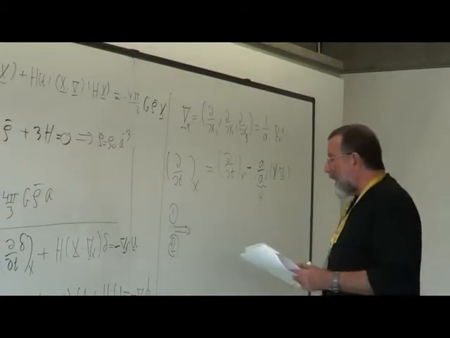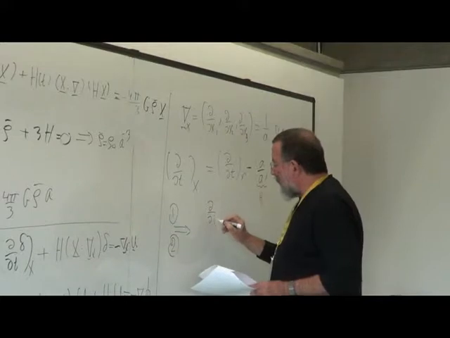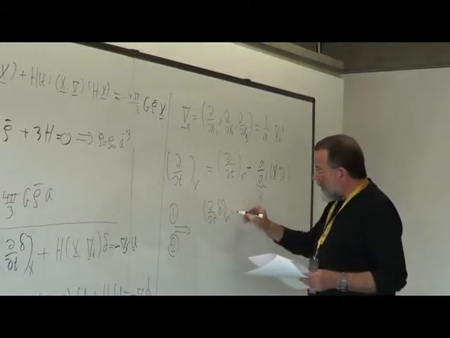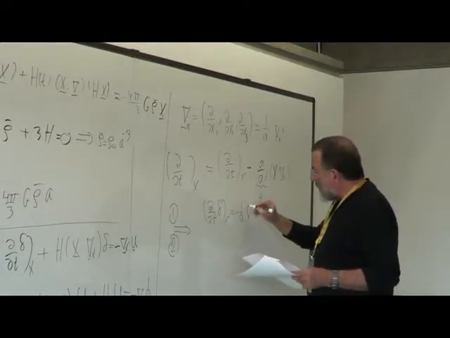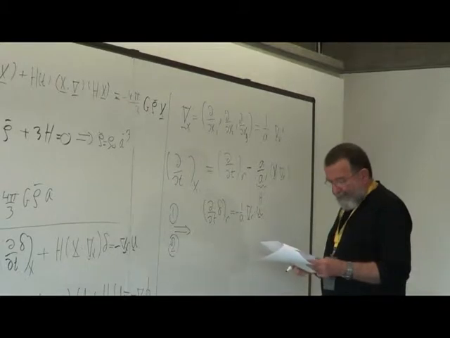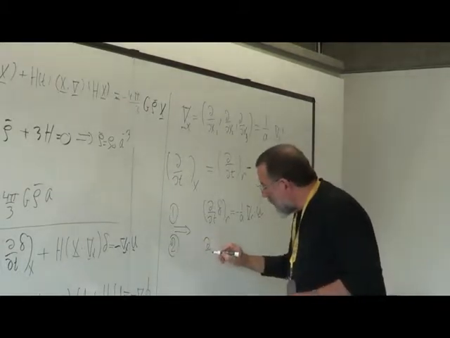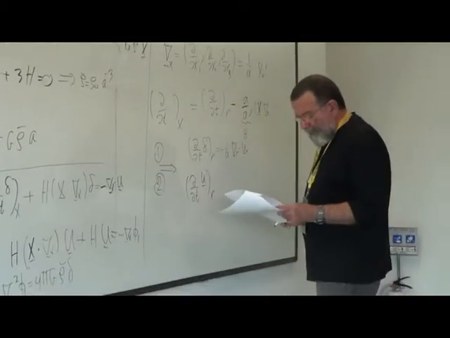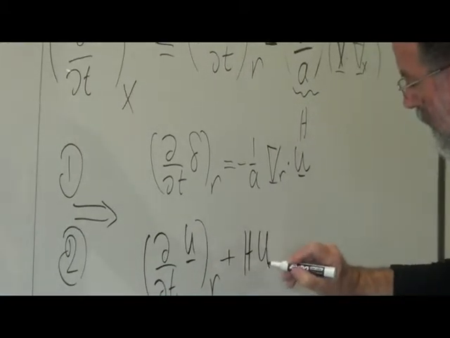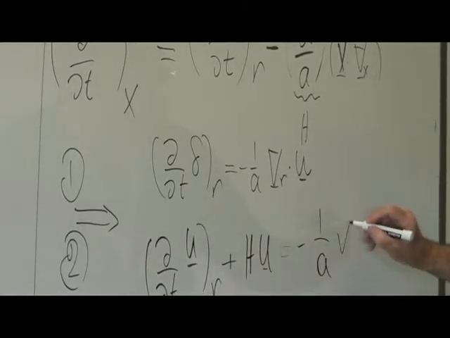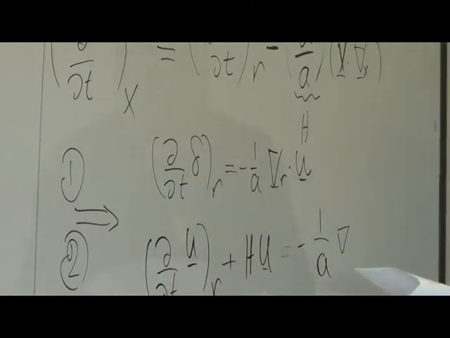The equation that I'm getting now is d by dt of delta with respect to r equals minus 1 over a, gradient with respect to r of the divergence of u. And the second equation is d by dt of u, where I keep r constant, plus H Q equals minus 1 over A gradient with respect to R of psi 1.